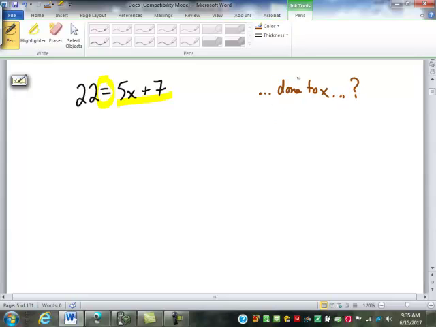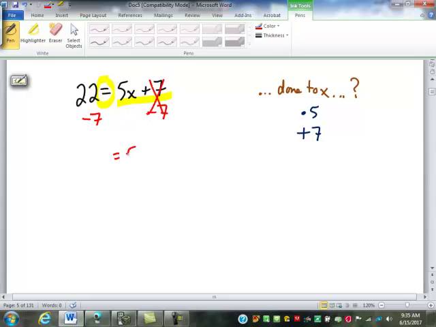Well, what was the first thing that was done? X was multiplied by 5, and then 7 was added to it. So when I go to take that apart, what's the first piece I have to remove? Yeah, we're going to get rid of the 7, so we're going to subtract 7. Very good. So that piece is gone.